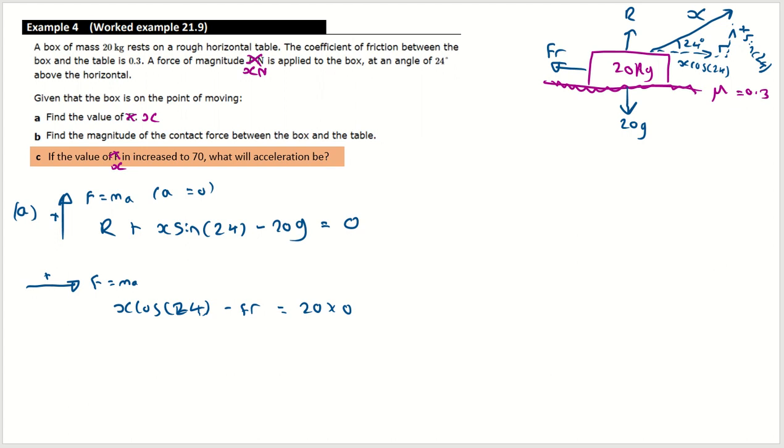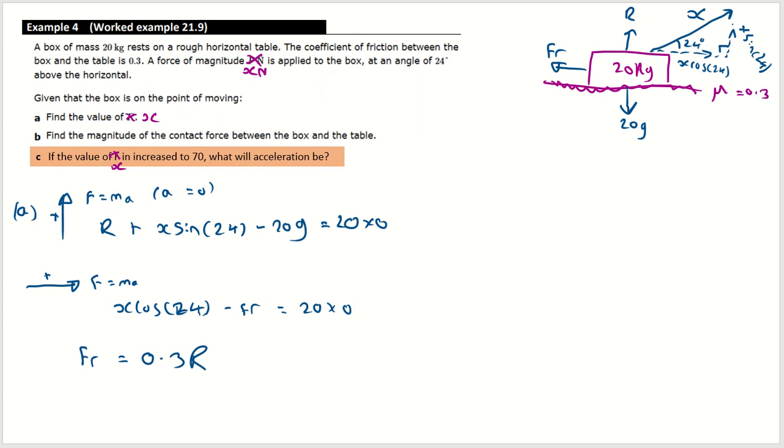Even though there isn't motion here, it's really important to get that. I could have put 20 times 0 here as well, but this one will generally always be 0. This one sometimes is not, like in part C. And then the last thing we haven't done is looked at the friction, so friction is equal to mu R. You know mu is 0.3, so 0.3R.